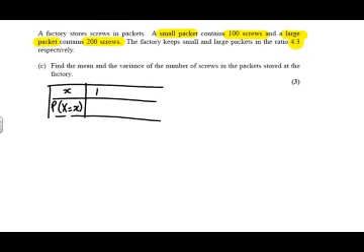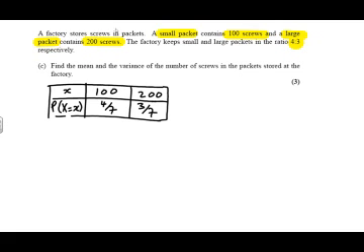So, in a small packet there are 100, in a larger packet there are 200. We were told that the ratio was 4 to 3, so we instantly know the fractions and therefore the probabilities. So, the probability of getting a small packet is 4 out of 7, while the large packet is 3 out of 7.